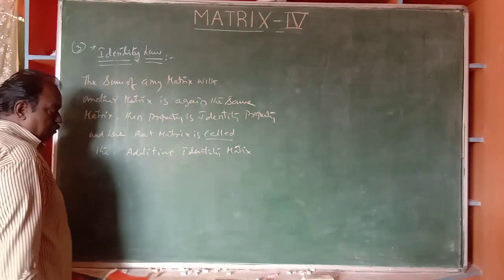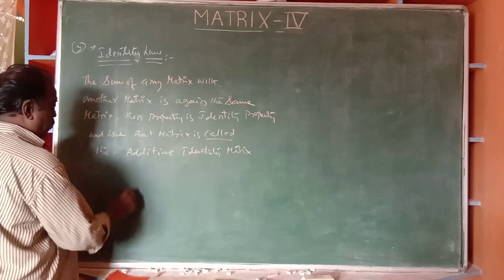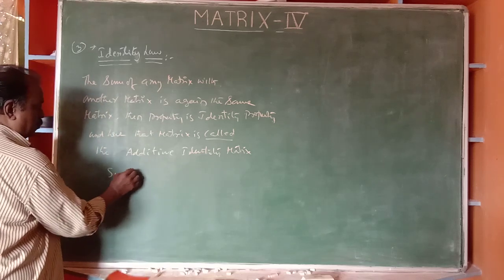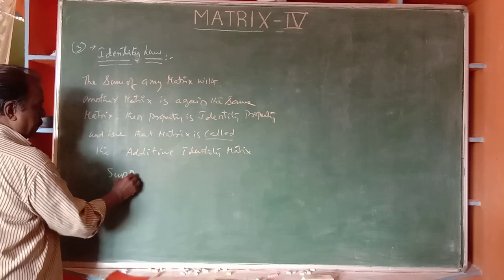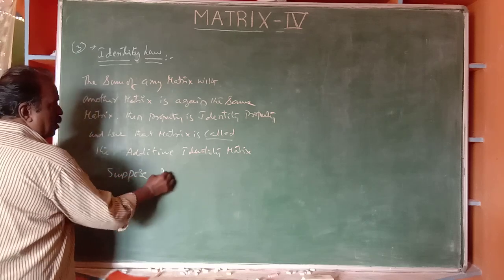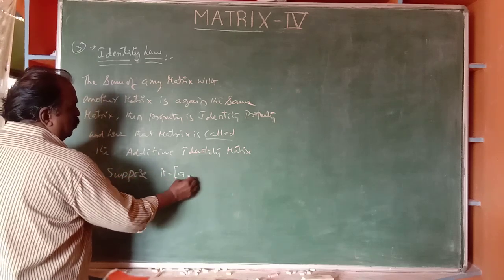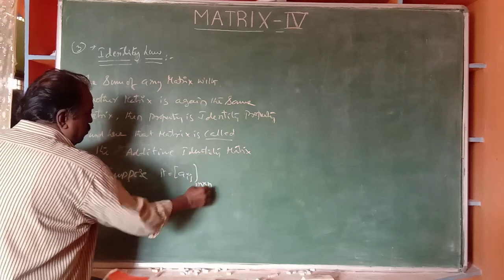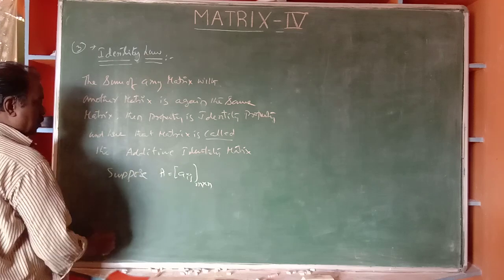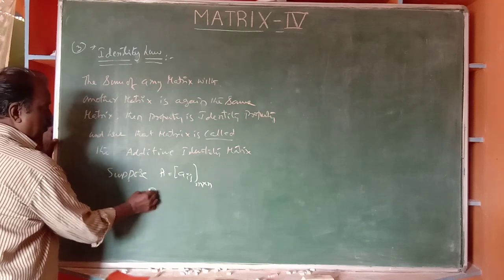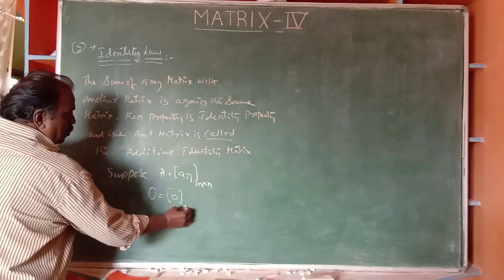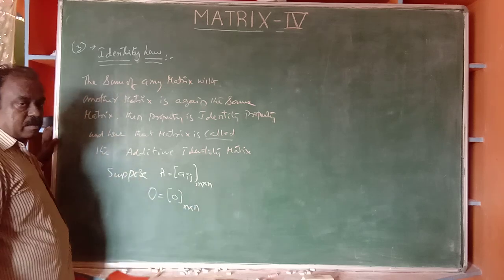Okay now? You see, suppose capital A is equal to Aij. It is an M by N matrix. Okay now? O is a 0, M by N matrix.